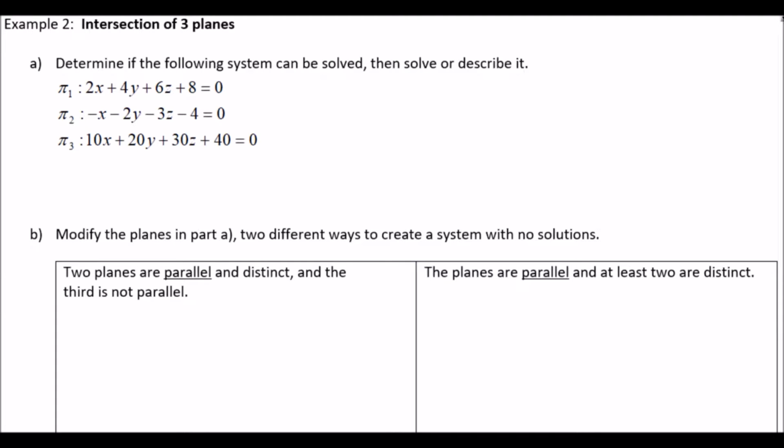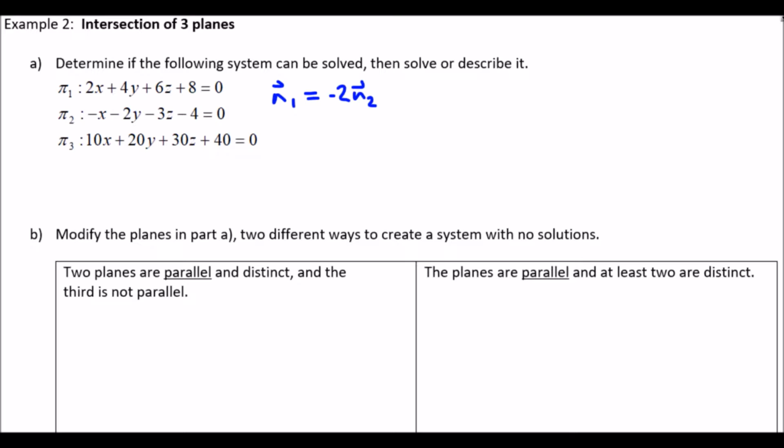So here, I look at them here. First thing I want to do is I look at my normals. So here, normal 1 is equal to, if I multiply normal 2 by negative 2, I will get normal 1.